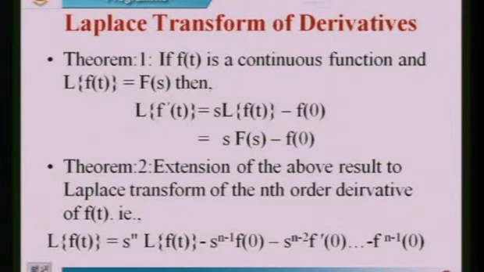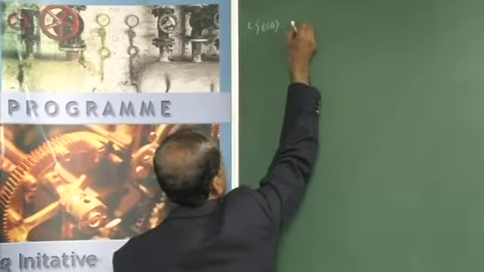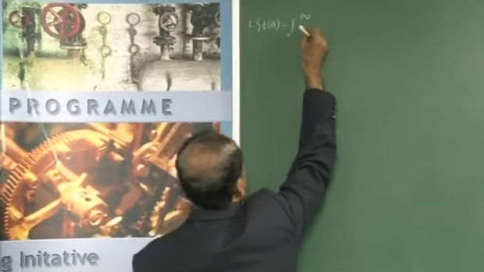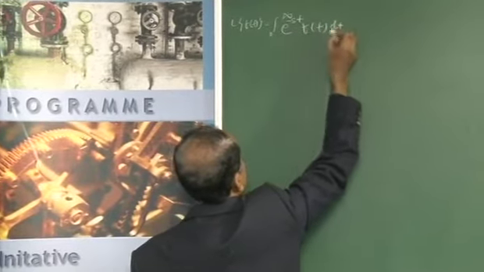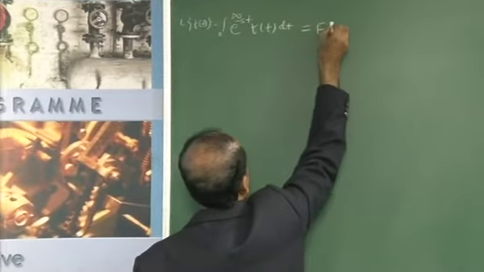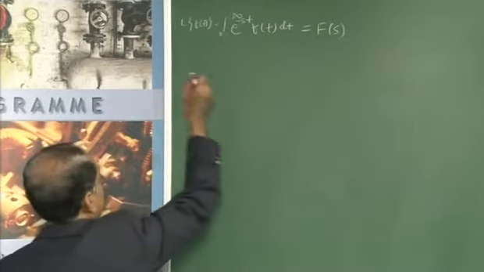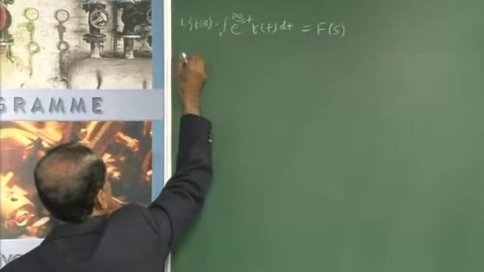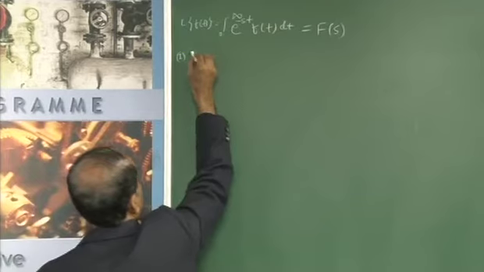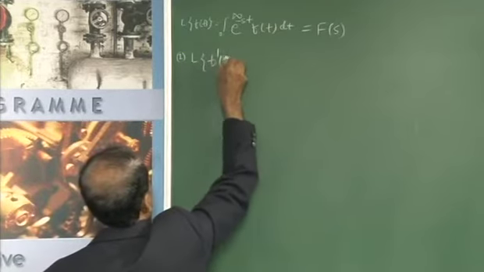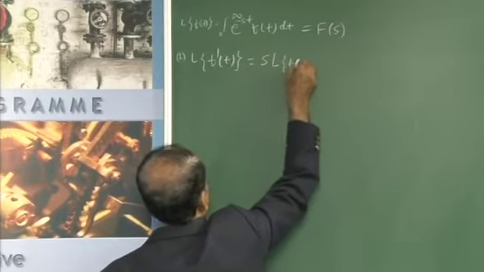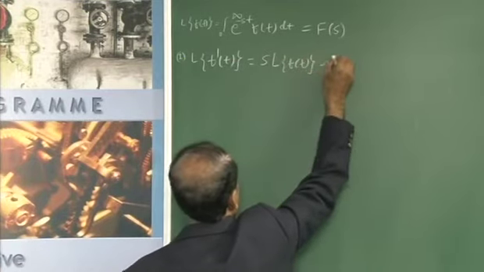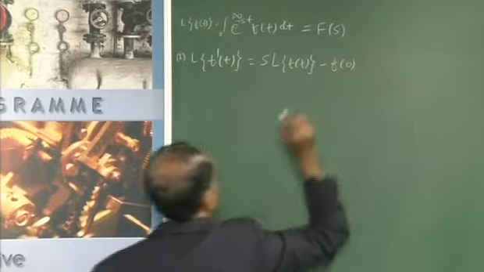So, we have the definition of Laplace transform: integral from 0 to infinity of e to the power minus st f of t dt is equal to F of s. Yesterday we derived the first result, that is L of f dash of t is equal to s into L of f t minus f of 0.